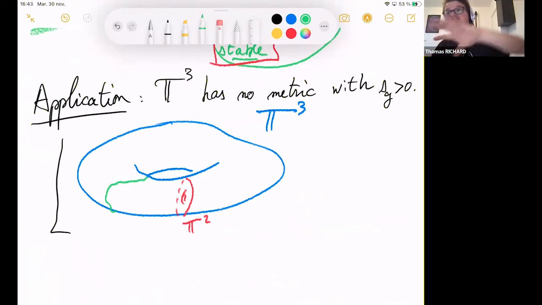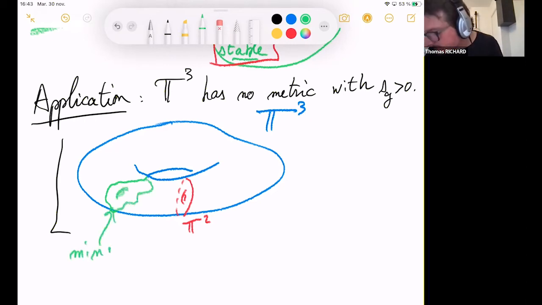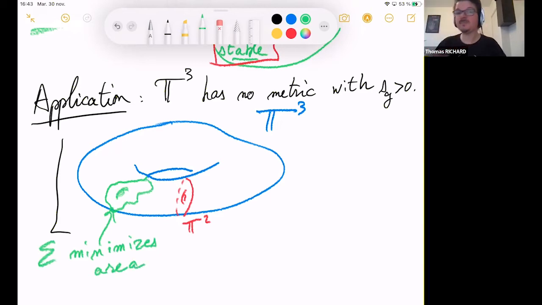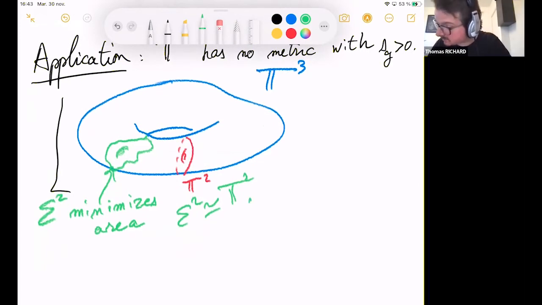times a point, so this is a torus T^2 inside T^3, and I can deform that to minimize area. So it will give me a new surface, sigma. In some sense, sigma will look like a torus topologically. And it will be a stable minimal surface.